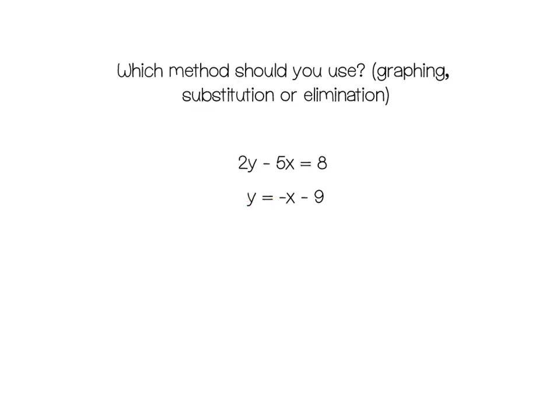On this second example, we have one equation solved for y, but not both of them, so I know I'm not using graphing. Since I do have this second equation solved for y, I should use substitution.